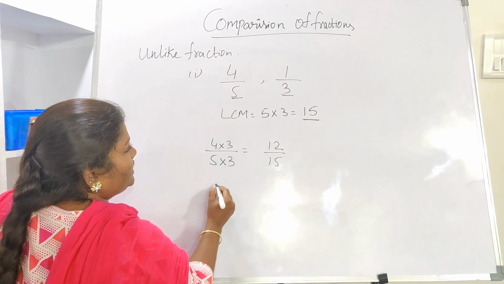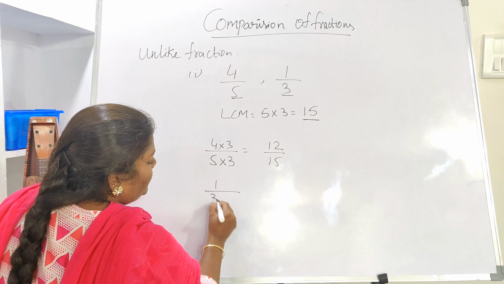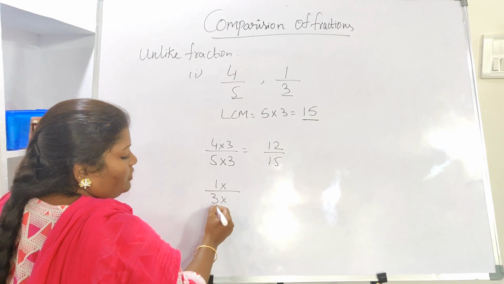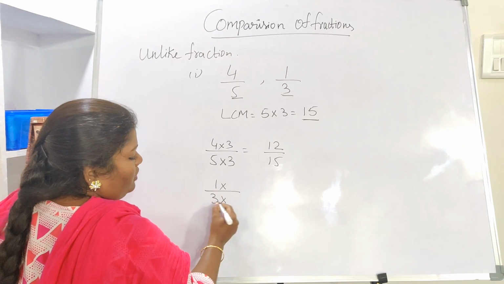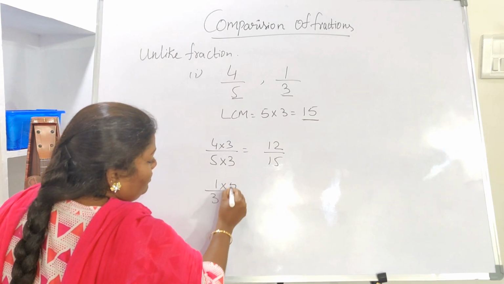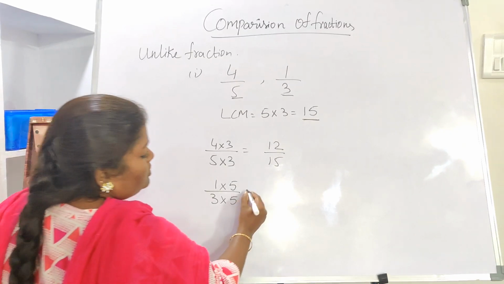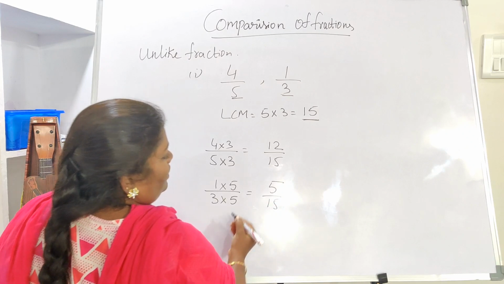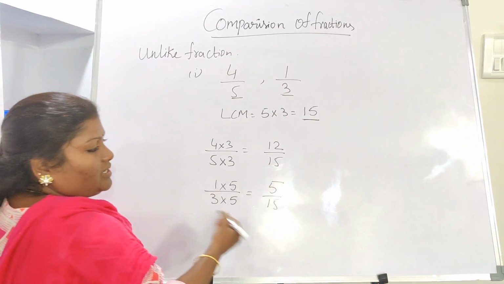Move on to the next one, 1 by 3. Now multiply with a number such that you get 15 in the denominator. So 3 into 5 gives me 15. So I multiply the numerator also by 5. So 5 by 15.